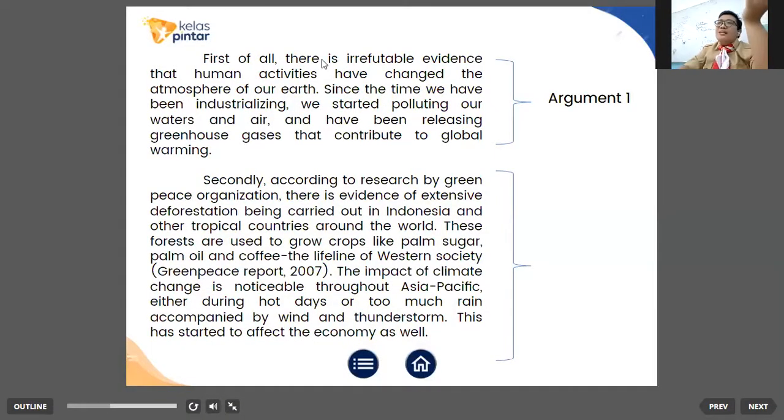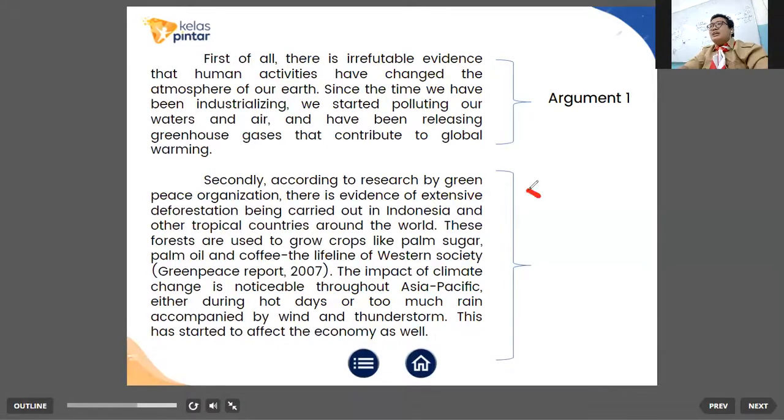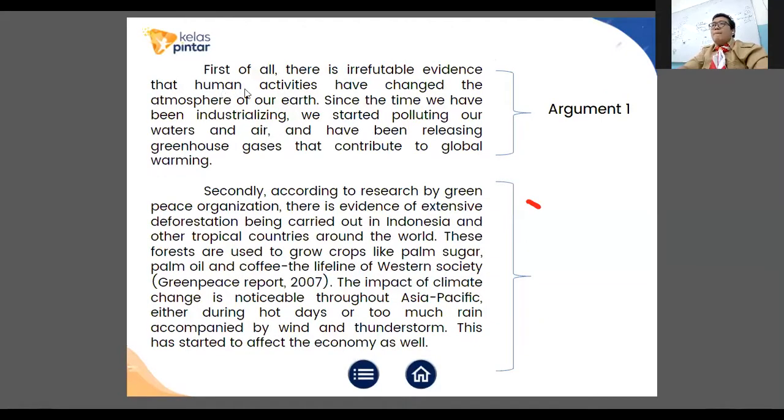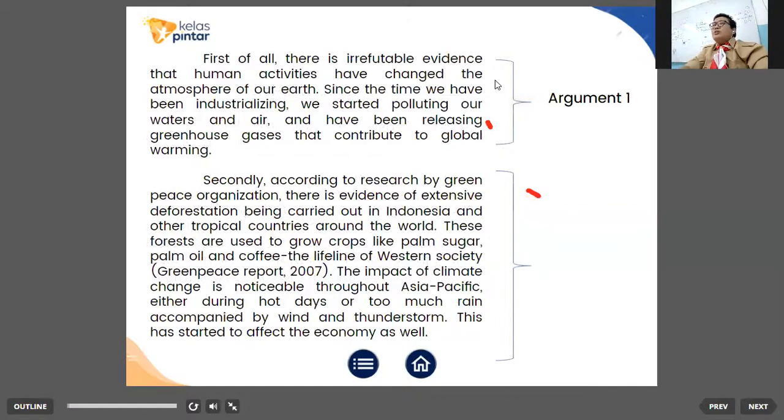First of all, there is a irrefutable evidence that human activities have changed. Oh, di sini dia jelaskan ada loh perubahannya loh dari global warming ini. Ya, human activities have changed. Ada perubahan dalam aktivitas manusia. Okay, and then we started polluting our waters and air.